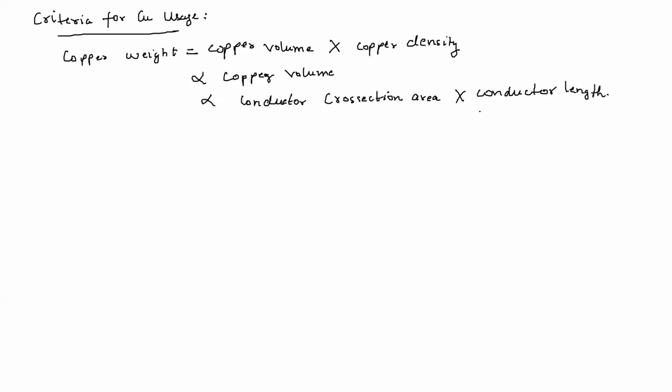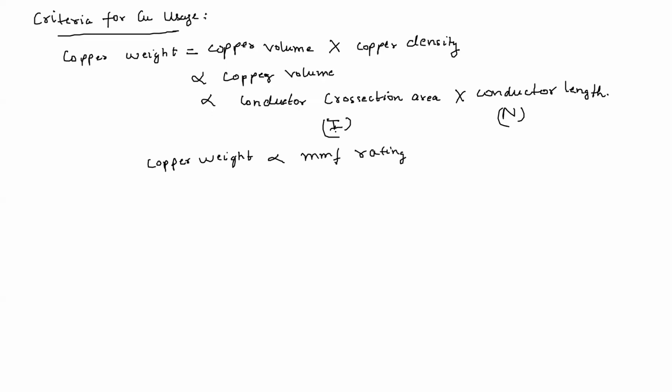Now, conductor cross section is proportional to current, because from the current density you can see that the area is proportional to current. And conductor length is proportional to the number of turns, because the more the number of turns, the more the conductor length. So copper weight is proportional to the MMF rating.